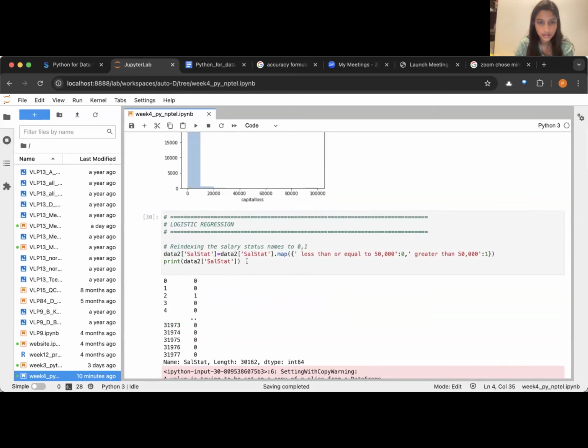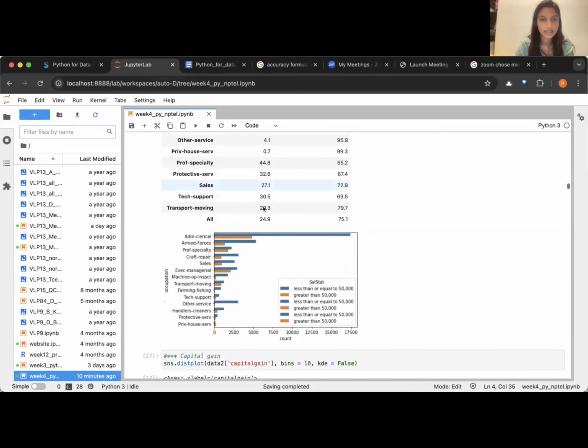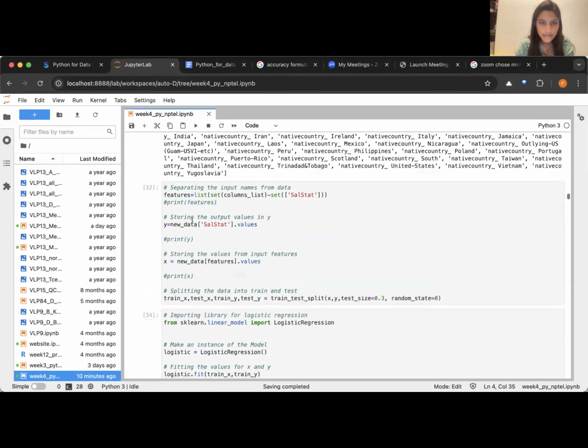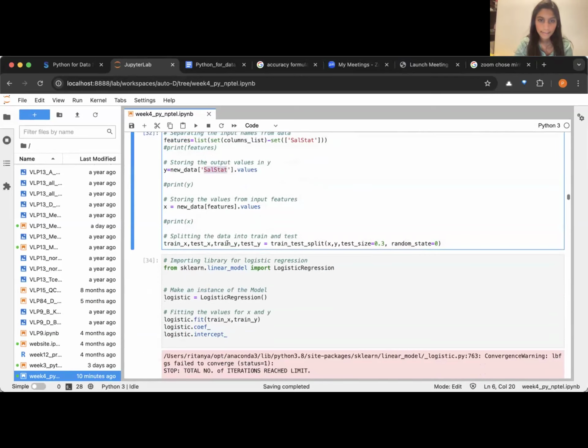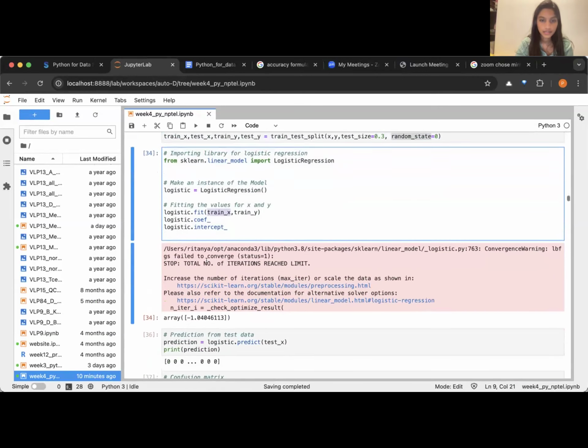You're doing the same steps here. That was just some visualization for you to understand the trend of the data. You're creating X and Y, where Y would be the sales stat that you want to predict. And again, you're splitting the test and train data set.